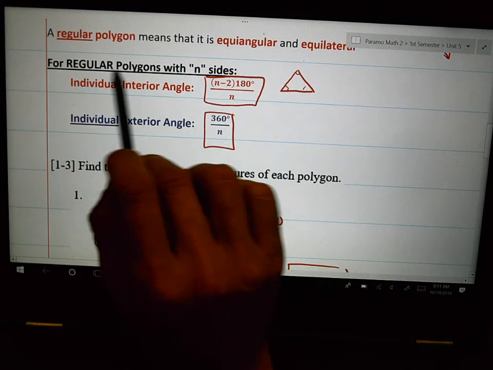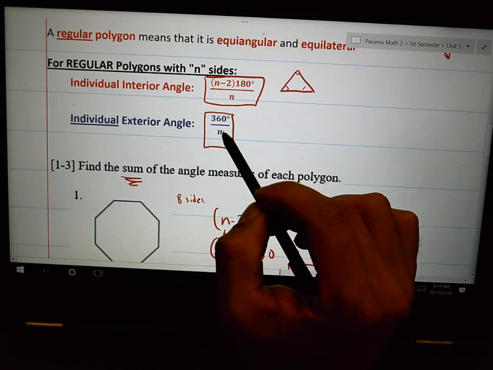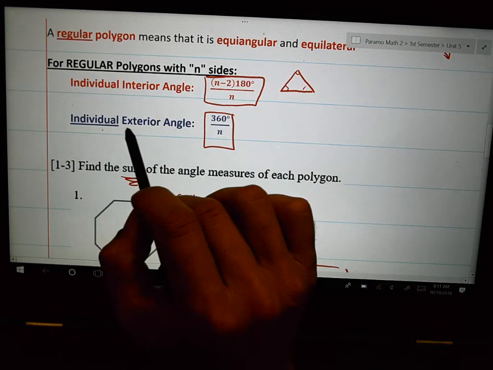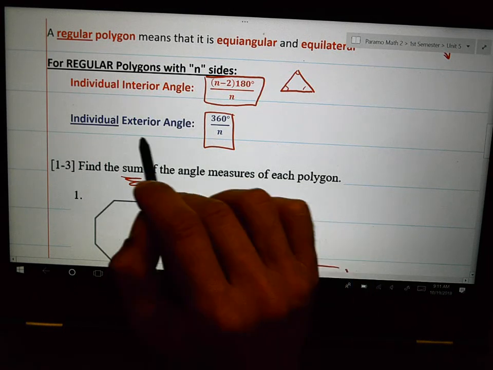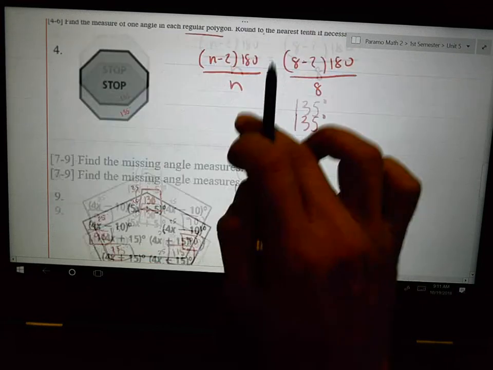Regular polygon. It's easier to use the easier formula of 360 divided by n is an individual exterior angle. So I'm going to write this down. The exterior angle is equal to 360 over n. Let's write that down, and I'm going to show you how I use it.